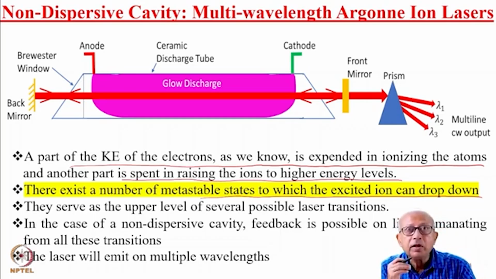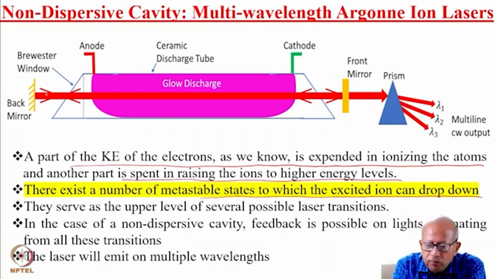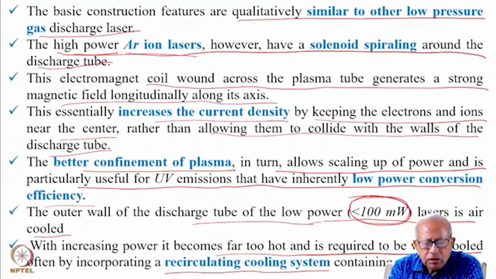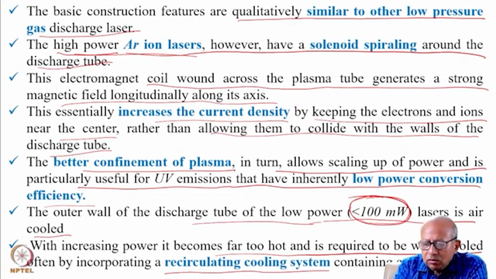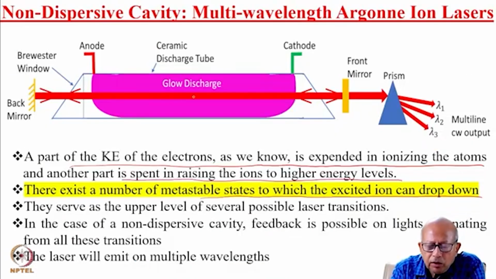We have already studied that. Now, if there is no wavelength selection element inside the cavity, then as you have created population inversion, the spontaneous emission will occur on all these wavelengths, and these will seed stimulated emission in this active medium.